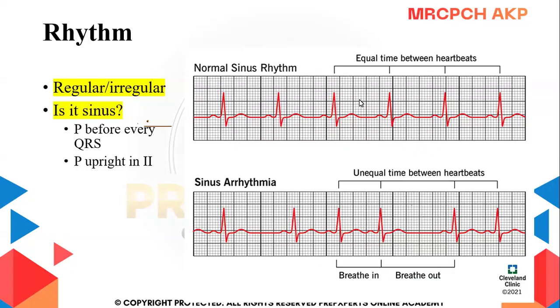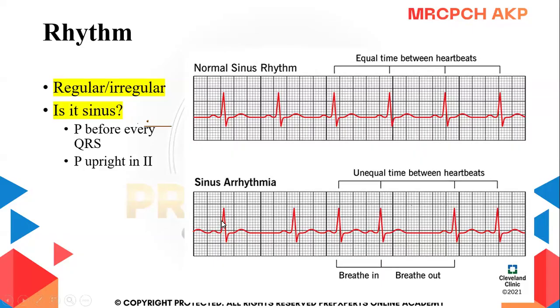Okay. And then 1, 2, 3, almost 4. And this means that there is equal time between the heartbeats, or you can say ventricular depolarization. And it seems to be at an equal distance. All of the RR waves seem to be at an equal distance. So we will say that it is a regular rhythm.